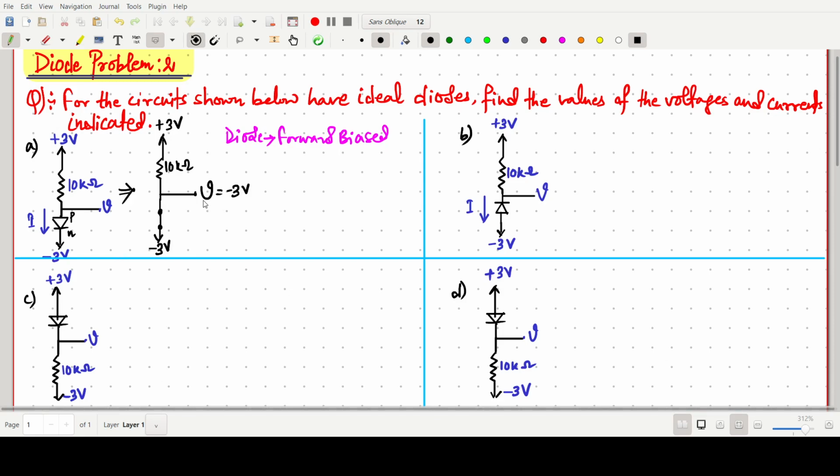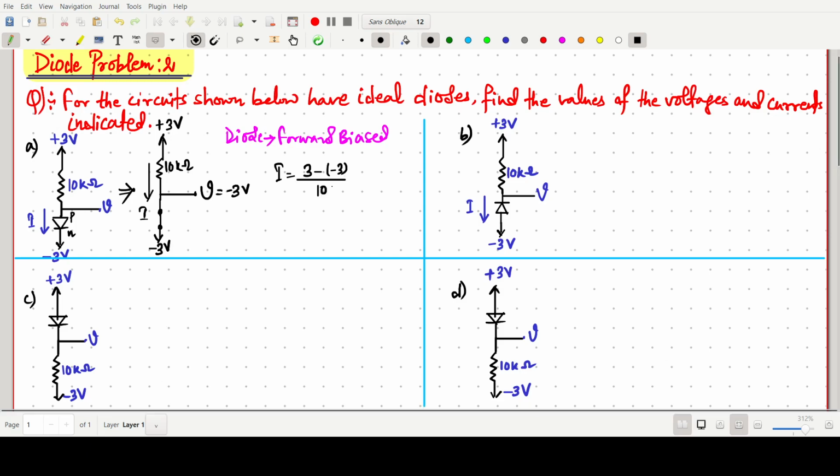It is connected to this one, minus 3 volt. So now we have to find this current I, okay. So for this purpose, this I current is going from up to down. So what we have to do, we have to take higher potential: 3 minus of minus 3 by 10 kilo ohm.